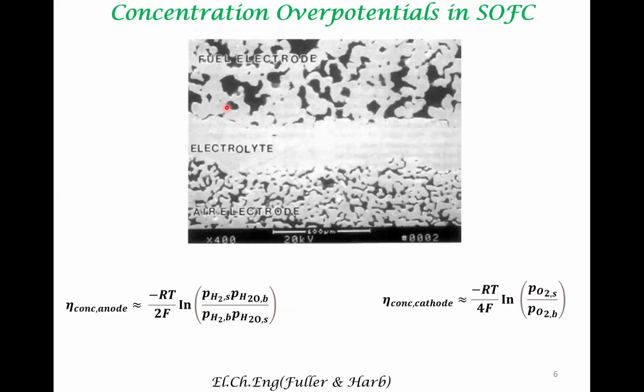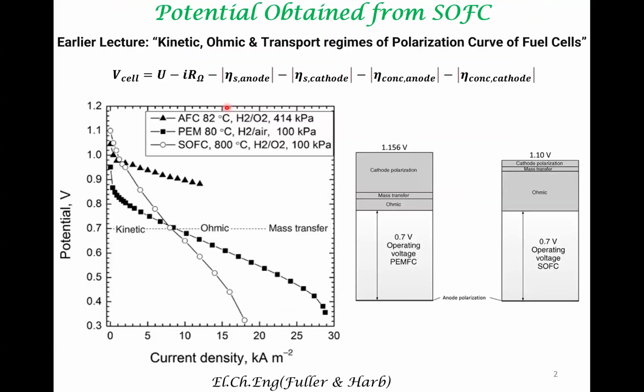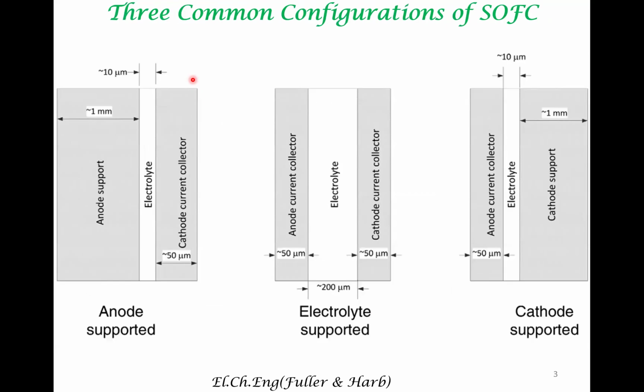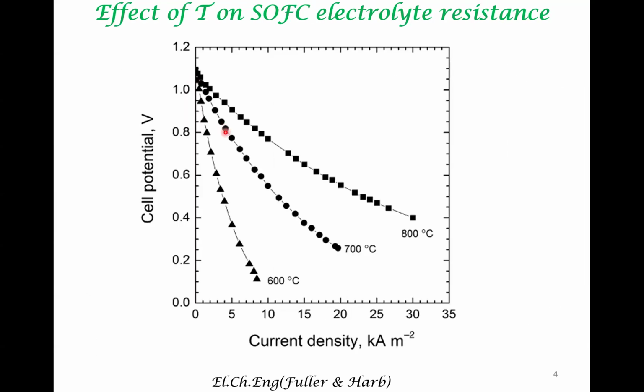For example, here, this particular overpotential, the ohmic overpotential, is significantly lesser at a higher temperature. So the ohmic overpotential is what decreases as you increase the temperature. So operating at a higher temperature is critical to the performance of a solid oxide fuel cell.